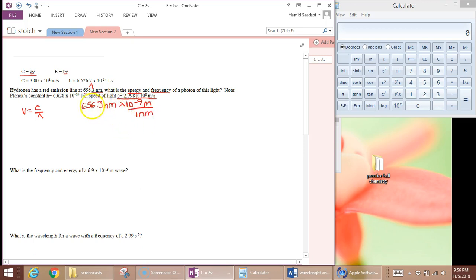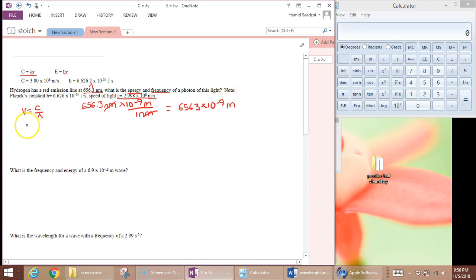Instead of this whole cancellation thing, which is what this is in a T-chart, just take your number, whatever they give you in nanometers, multiply by 10 to the negative 9, change the nanometer to meter symbol, and you're good to go. So 656.3 times 10 to the negative 9 meters.